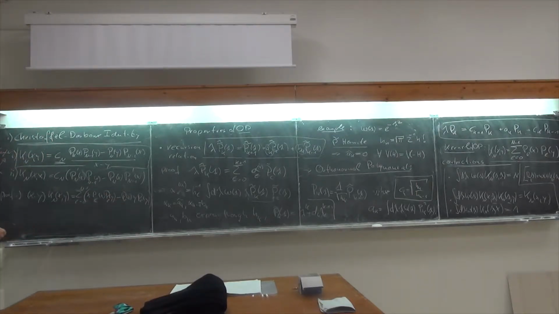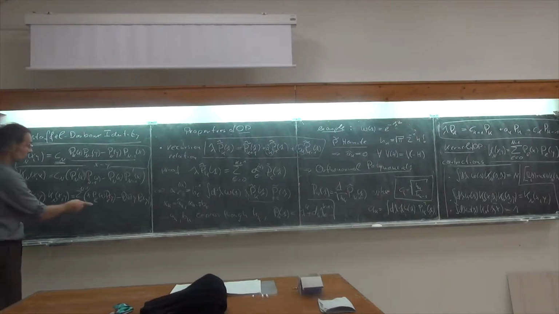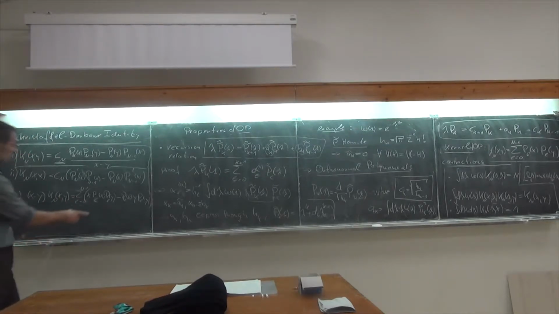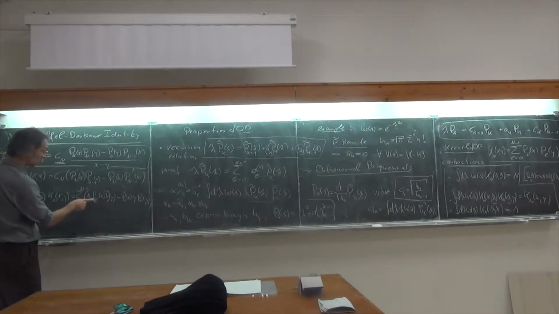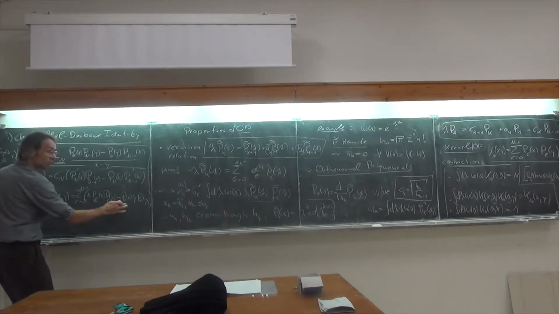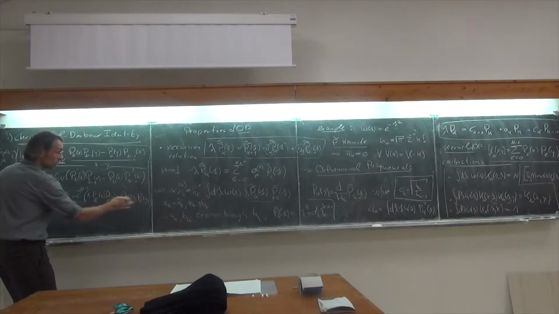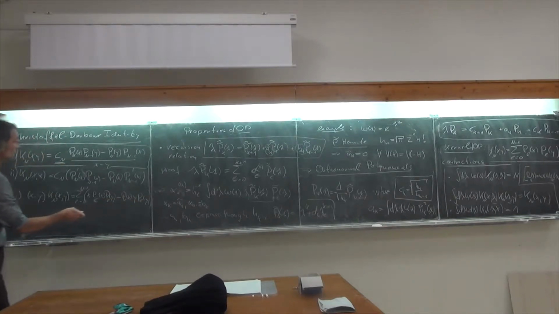You can easily convince yourself that this will be a telescopic sum, and the only term that does not cancel from here is the one where we go from n minus 1 to n of x, because there's no Pn of x here. The other term that doesn't cancel in this telescopic sum is when the index is n minus 1, so you get Pn minus 1 of y.